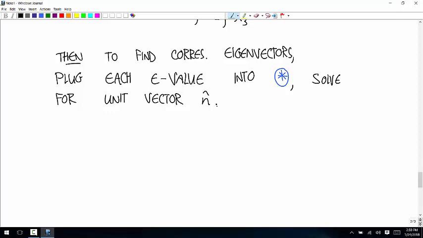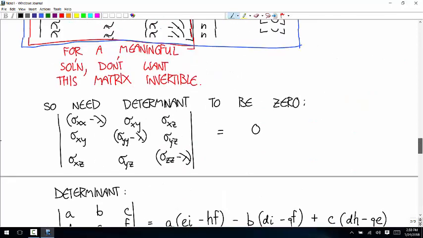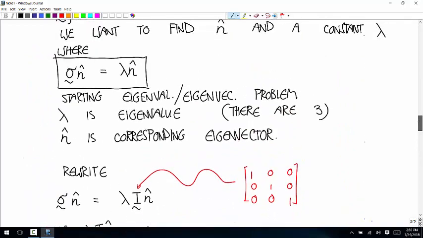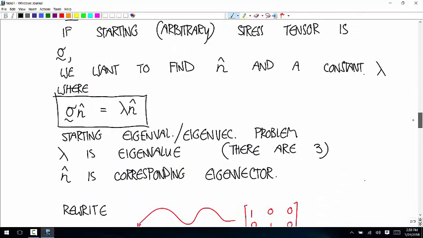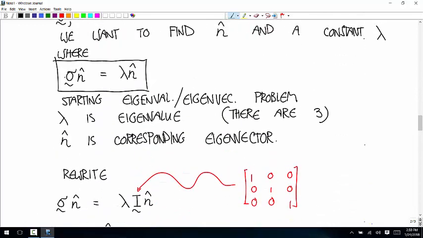So of all these steps, you might wonder what do you have to do on these problems? I wanted to go through this derivation, but really all you have to do is take this original matrix, that could have 6 independent values, 9 non-zero values, and have your calculator give you the eigenvalues and the eigenvectors, and that's it.